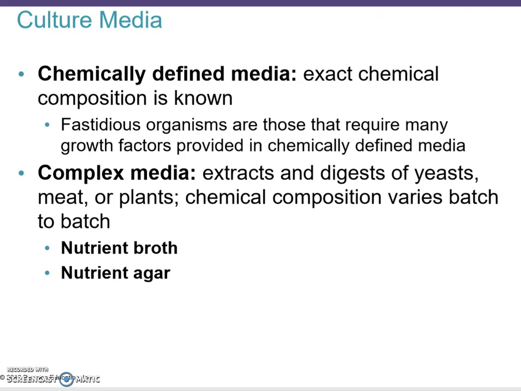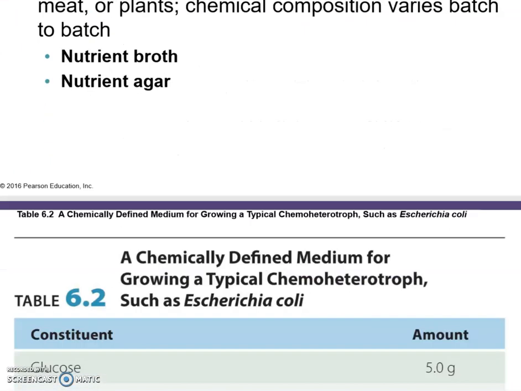Now, going up here to the chemically defined media, those are media where you have an exact chemical composition and you can make it exactly the same way every time. For example, if you have fastidious organisms, remember those are the picky eaters, they might require special growth factors or some special chemicals, and then you need to make sure that you provide them in your growth medium.